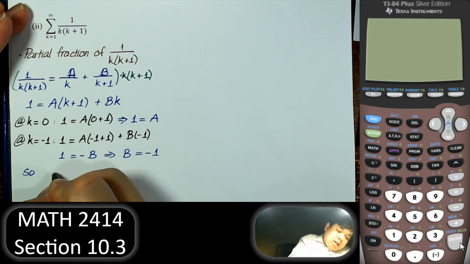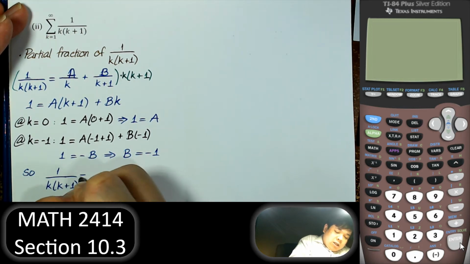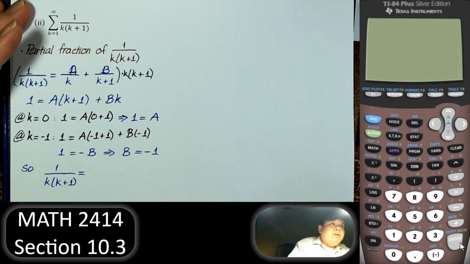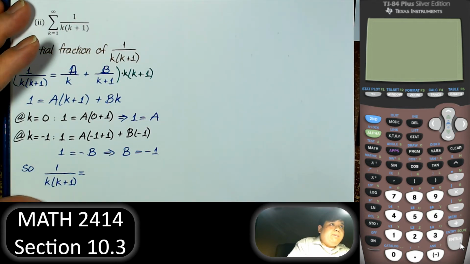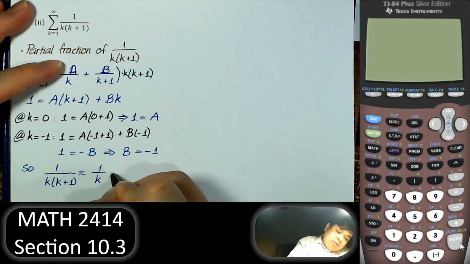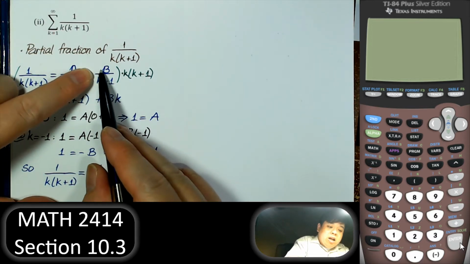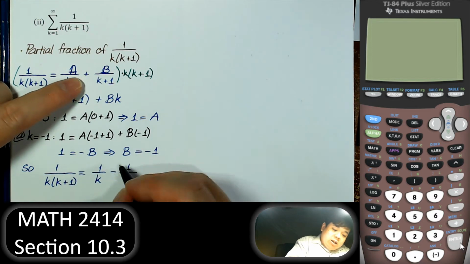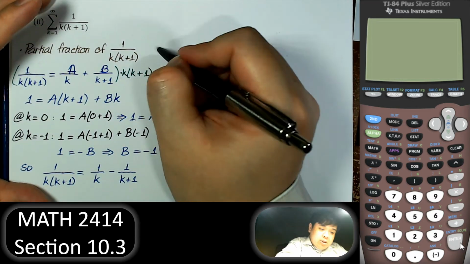So we can say 1 over k times k plus 1 is equal to, a is 1 and b is negative 1. So I'm going to write, instead of plus negative 1, I can put the negative 1 there. Right, so that's good.